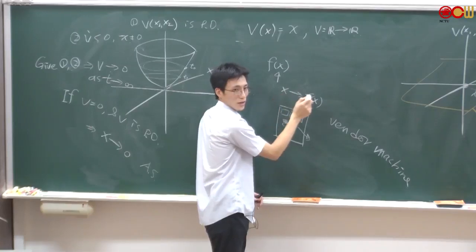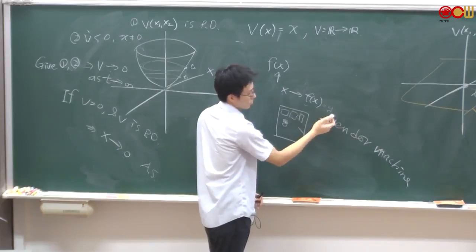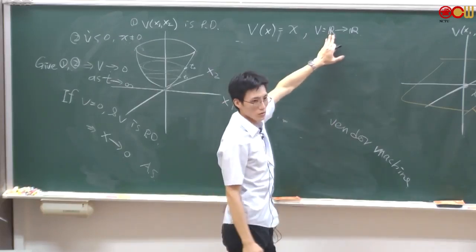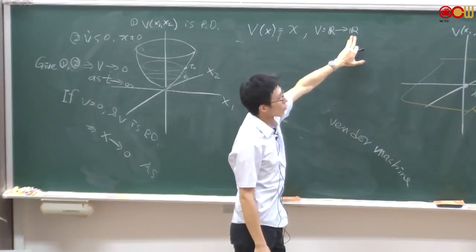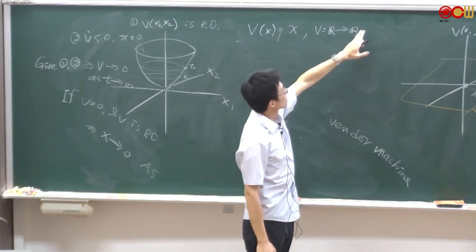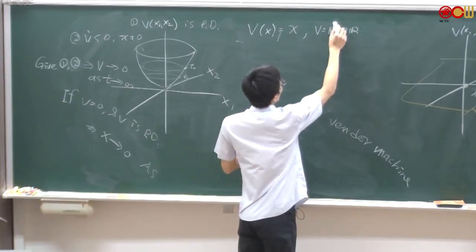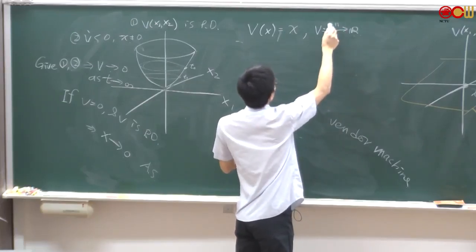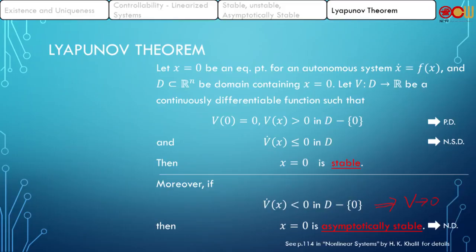So this is your input, and you will get some value, which is called f(x), or y usually. This is the domain of your argument or your input. This is the domain of your output. For the overall function, it's a value function, so this one has to be one dimension. But input could be R1, R2 to Rn in general, depending on what the dimension of x is. In this case, it's D, because D is your state.